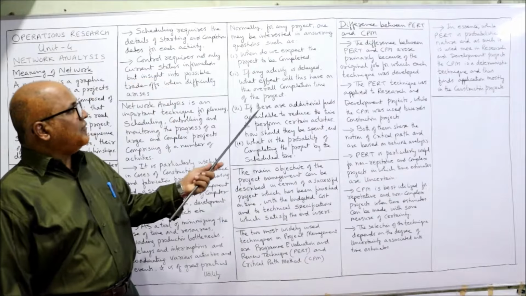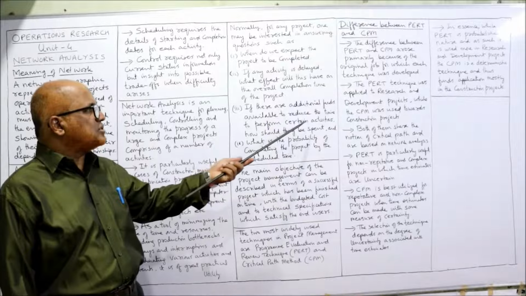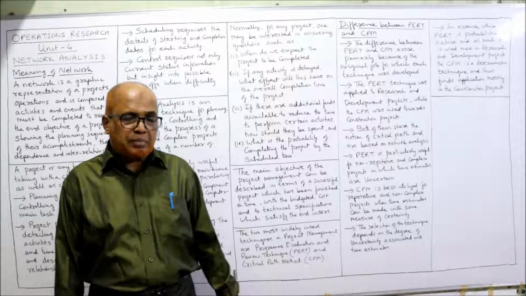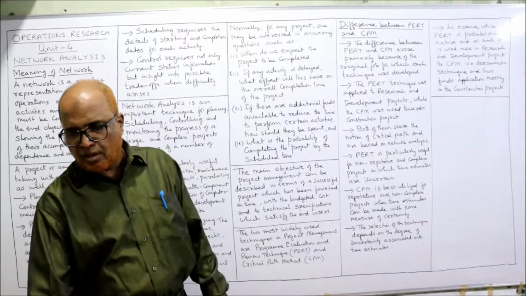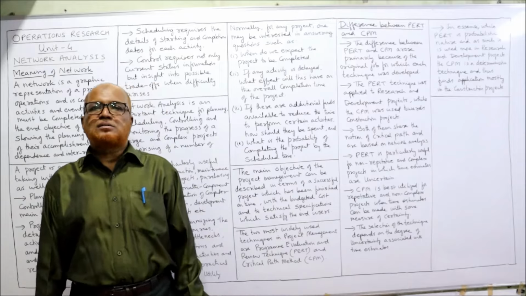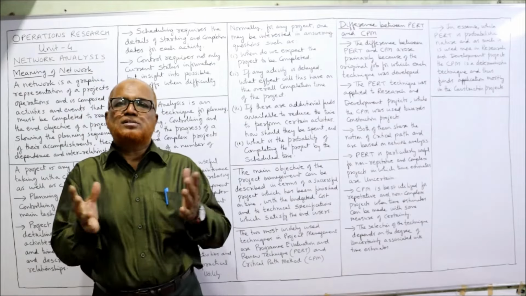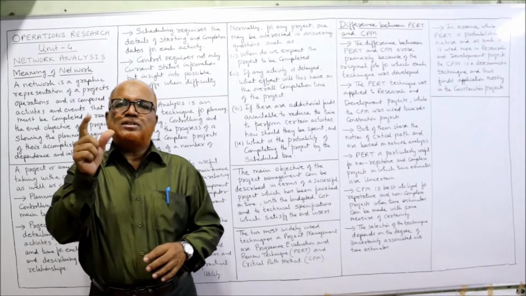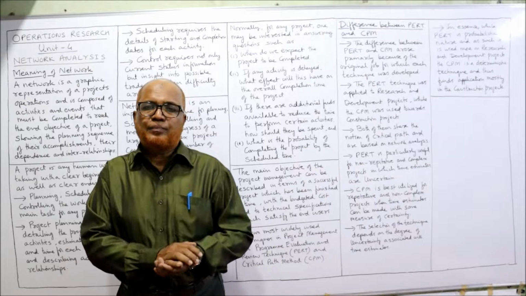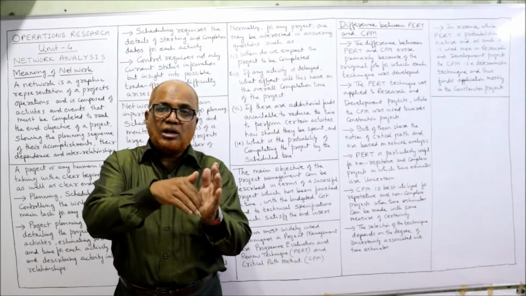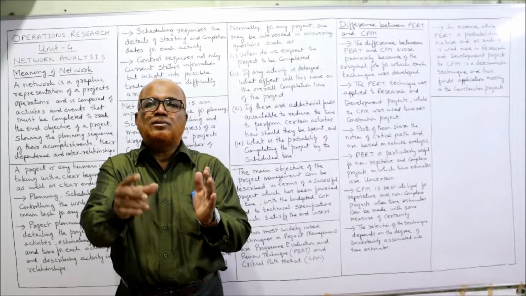Third, if any additional funds are available to reduce the time to perform certain activities, how should they be spent? Sometimes crashing of activities is used. Crashing of activities means reducing the time duration of the activity. For example, normally an activity will take 5 weeks to complete, but if we apply additional resources, we may be able to complete it in 3 weeks.